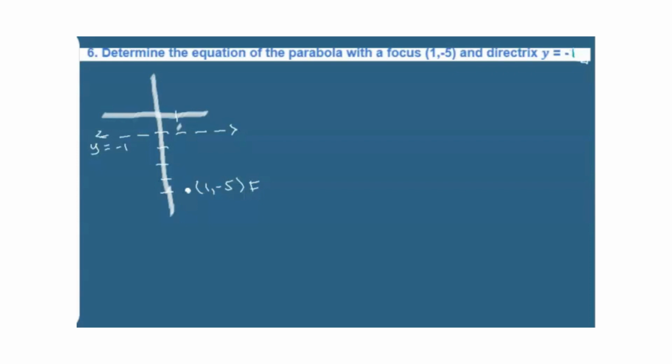So therefore, this is a vertical parabola that opens downward and follows the standard equation (x minus h) squared is equal to 4p(y minus k). So let's identify the vertex at (h, k).